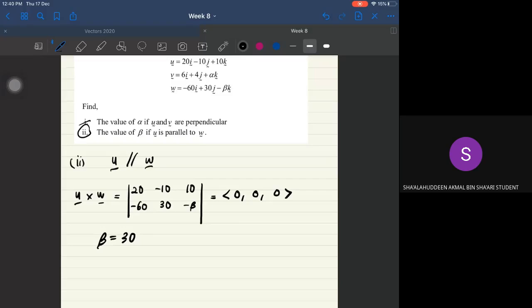Awak tak perlu kira semua pun. You pakai first component pun you dah dapat jawapan beta. Kenapa lambat sangat? So what is your answer? Betul, beta sama dengan 30.